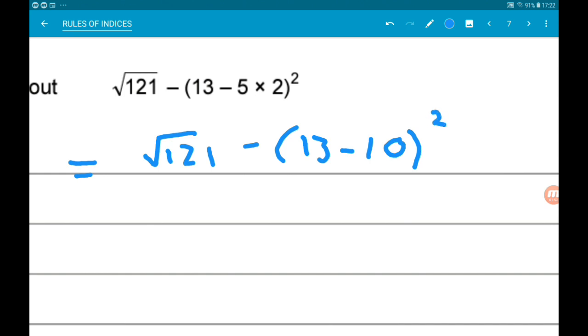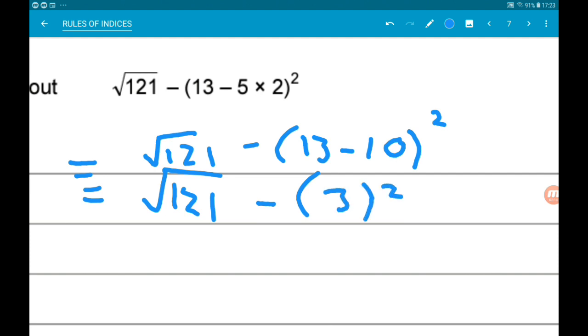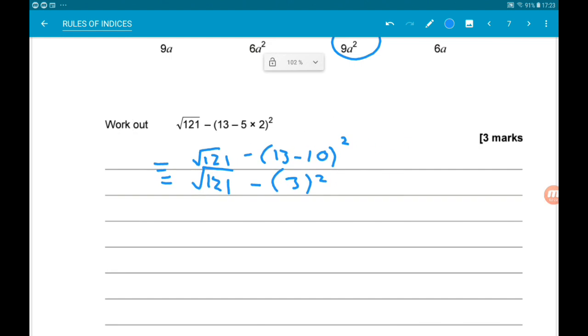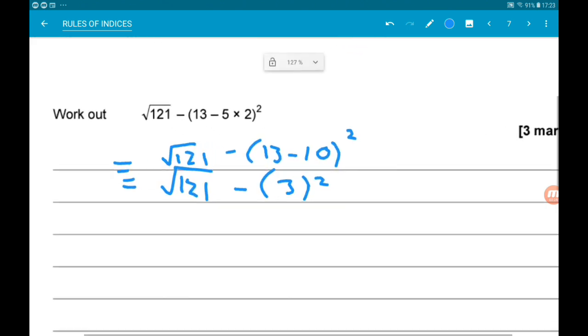So we have root 121 minus, now inside the bracket we now have 3 squared. So now then, this one, if I remember rightly, yeah, it's 3 marks.